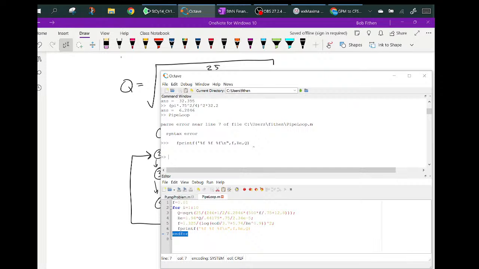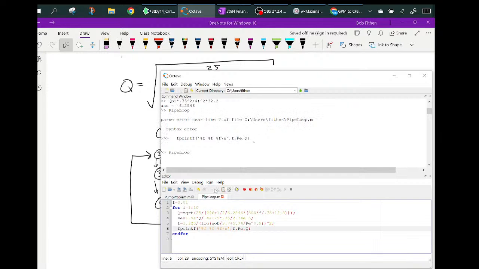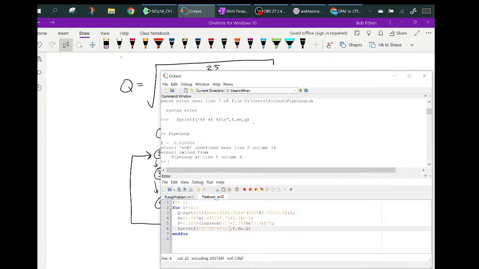There you go. Oh, I don't have E over D. E over D equal to 0. Let's just do that.